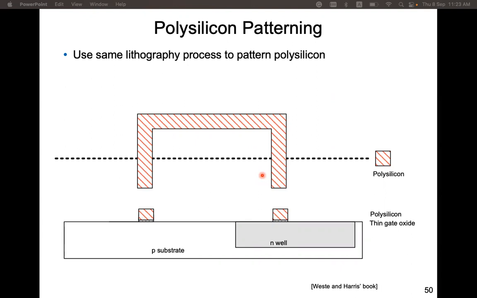The reason for this is that this polysilicon gate region can serve as a protective layer for the implantation process, and it leads to a process called self-aligned process. It simplifies the manufacturing process that I will describe later. But anyway, here we form polysilicon next to the N-type region, N-well region. The second step here.